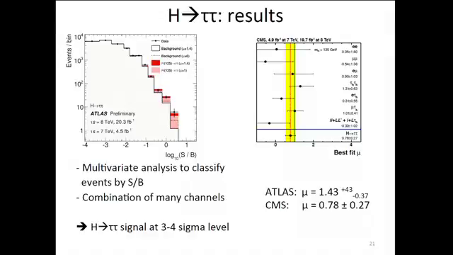So the results, when you do a full multivariate analysis combining the different channels, this is the case of CMS, where you see the results for different channels and the combination. You have these combined results that are compatible with the standard model and with precision that is still low. I mean, these are sigmas at the 3 to, in this case, 4 sigma level. Yes, so it's basically an observation at the 3 sigma level.